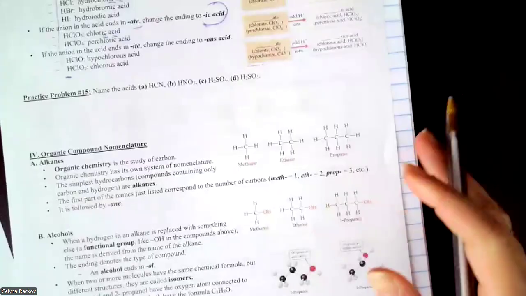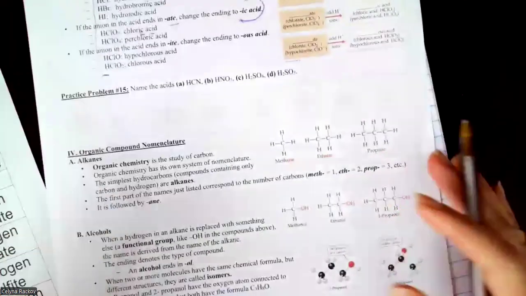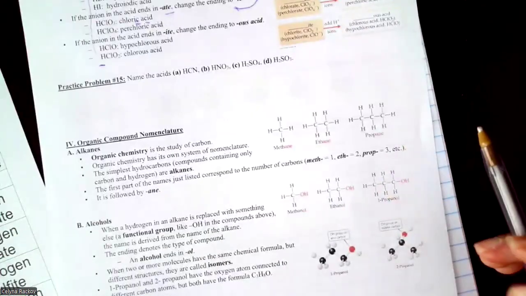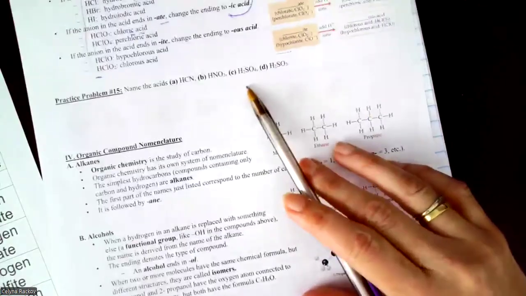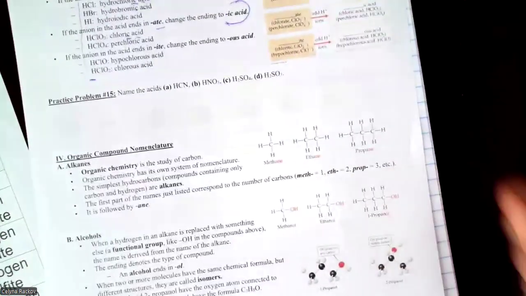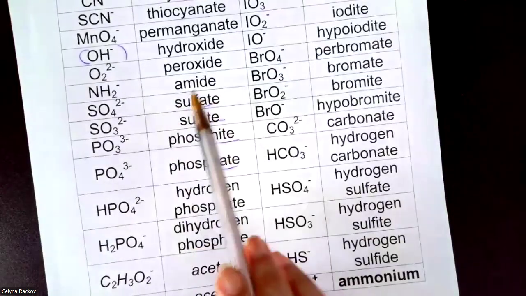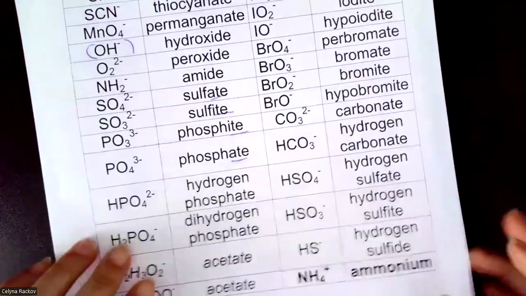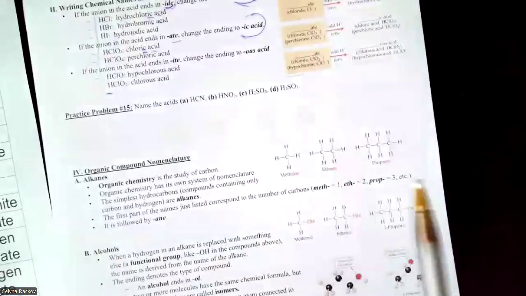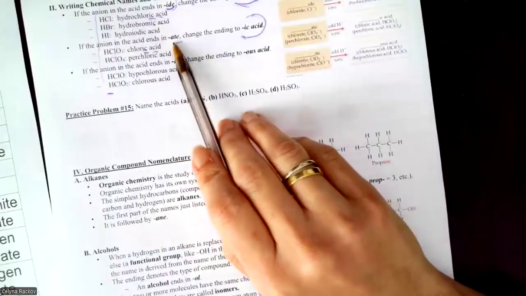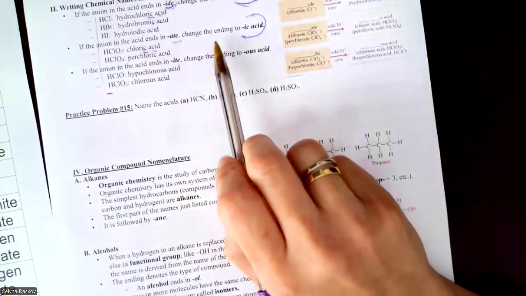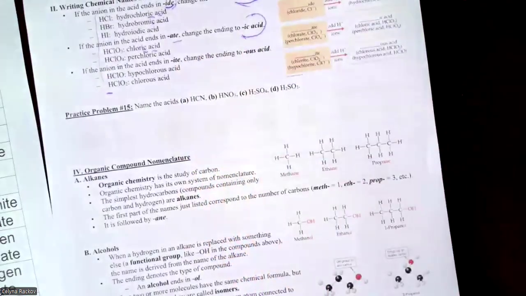For example, H2SO4 and H2SO3. So SO4, what was the SO4 name? Sulfate. If it is a sulfate, how are we going to name this one? Ending in "ate", we change it to "ic acid".